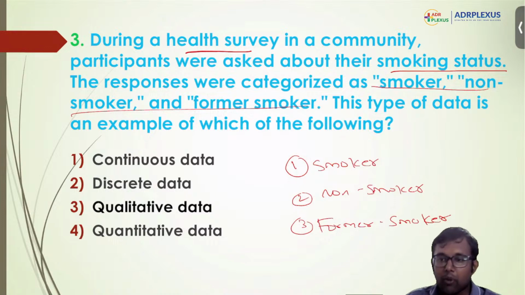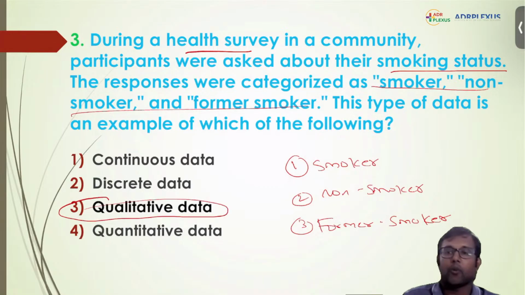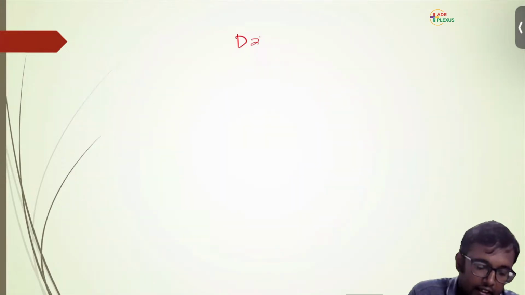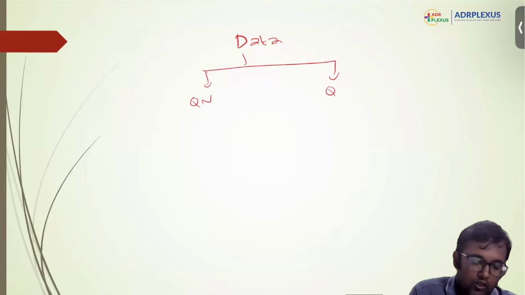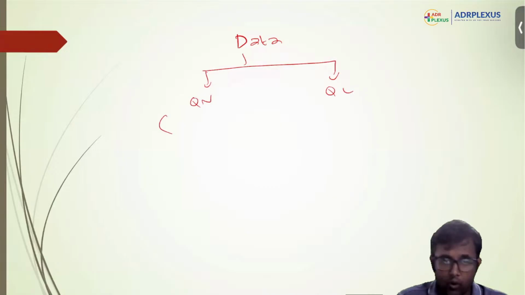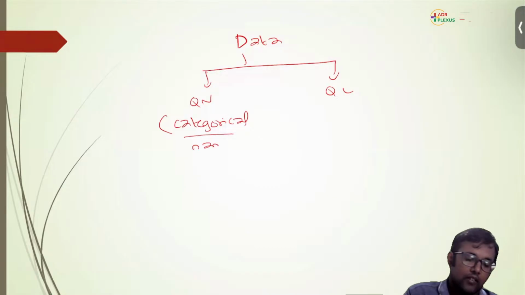Yes, it is an example of qualitative data. Why? I will explain. We already saw that data can be quantitative or qualitative. Qualitative means categorical or just names.